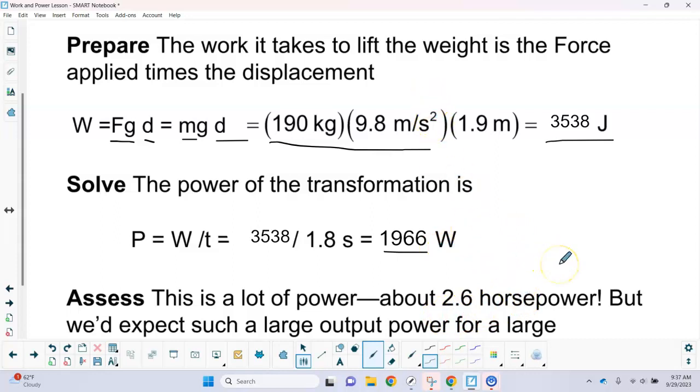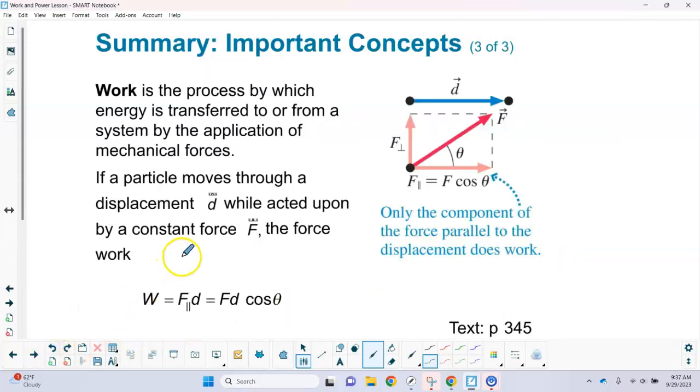Horsepower, like in your car, is just a different unit for the way power is measured. So just a summary of the two ideas. Work is the process in which energy is transferred to or from a mechanical process. Again, the way that we are learning it right now, it deals with energy, but when you do work, it's when a force causes a displacement, or when a force is acting against a displacement.